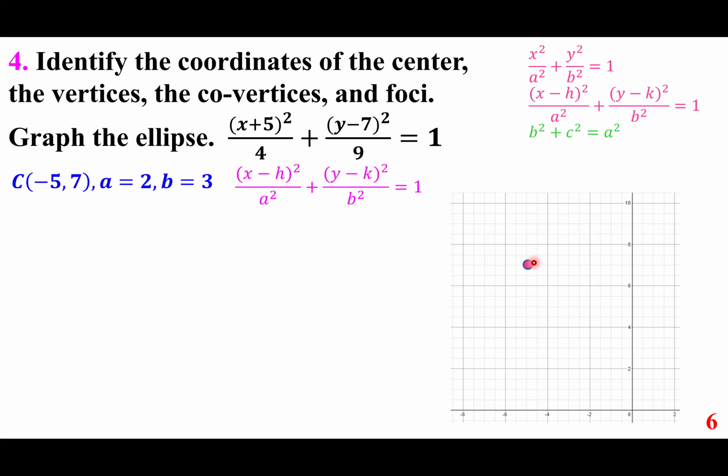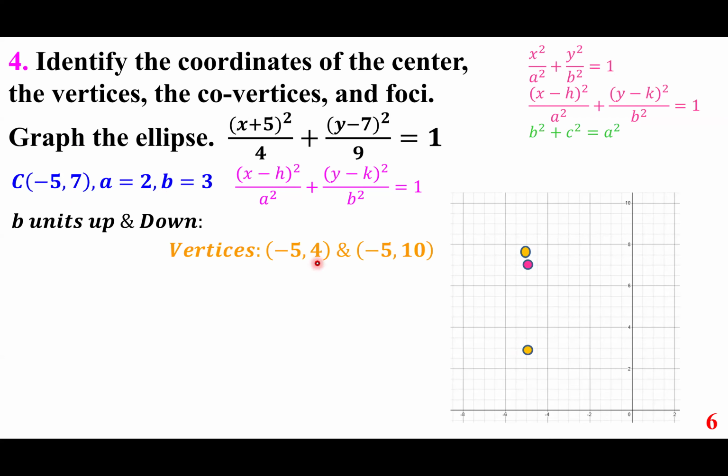Now, A is 2, B is 3. Means 2 to the right, 2 to the left, 3 up, 3 down. The reason I'm going to go with B units first is because those are the vertices. So if you go B units up and down, 7 plus 3 is 10, minus 3 is 4, so we have those two pairs.